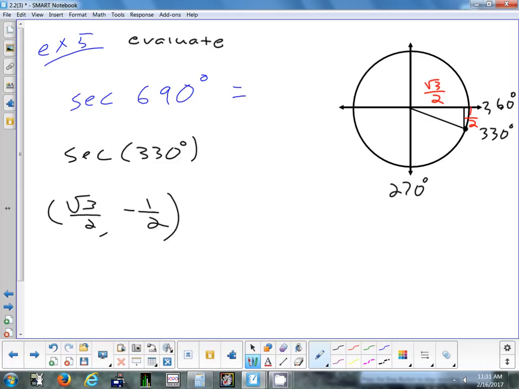What's the secant? Anybody get the secant? Devin? Yeah, 2 root 3 over 3. Secant is when you take the x and you flip it, and you get 2 root 3 over 3. That's what you need to get full credit. The answer and the coordinate, just like in last night's homework. Okay, any questions on that one?